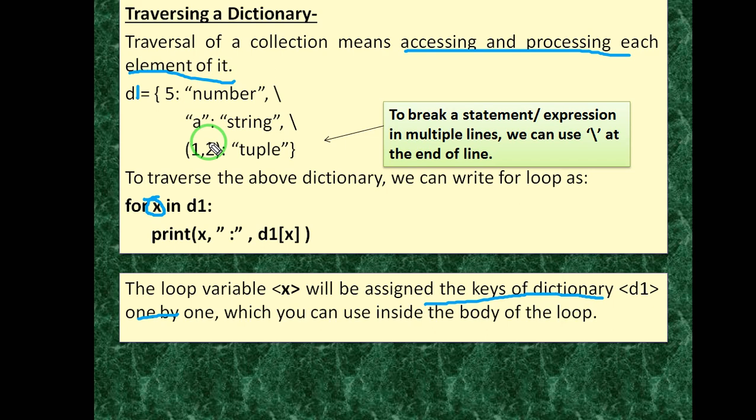They are not ordered collections, they are unordered collections with elements in the form of key value pairs. So for x in D1 means first one key of D1 will be stored in x, and then you can process that particular value inside the body of the loop. Now let's do this practically.